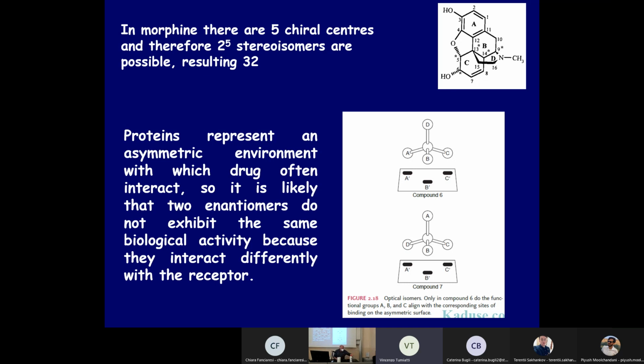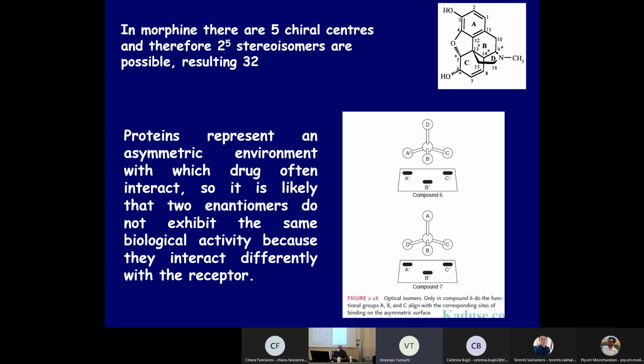Here you have another, more complex example, morphine. We will see morphine at the end of our course, in one of the last chapters. You see, the chemical structure of morphine is very complex: 5 ring systems fused all together.